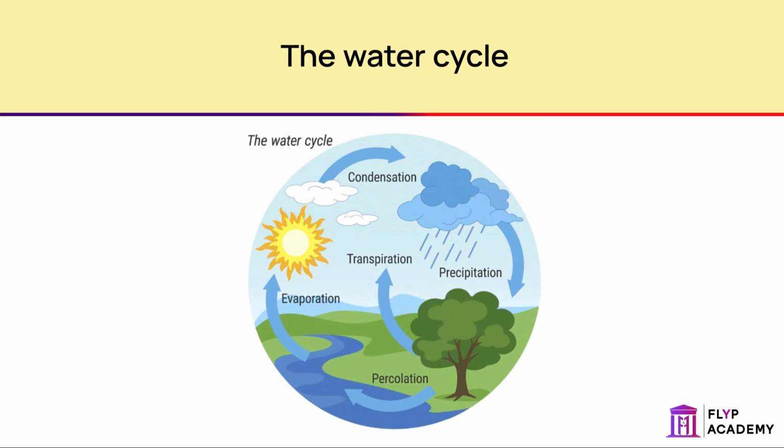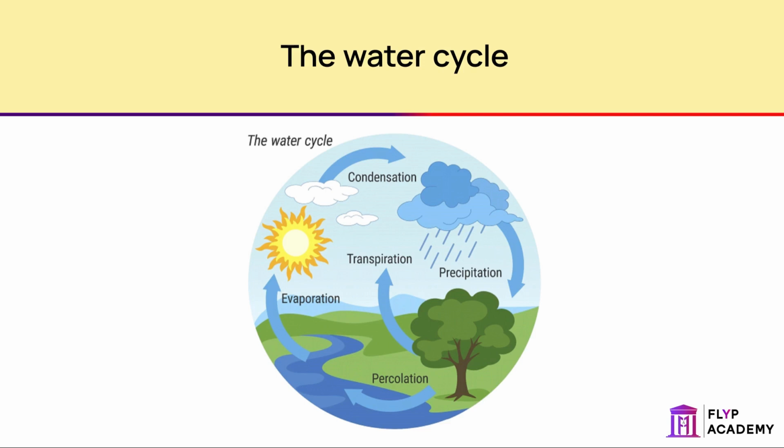Another material that is cycled through the environment is water. This occurs through the process of evaporation and precipitation. Water in the oceans and lakes is warmed by the sun until it evaporates. Once the water vapor cools, it condenses to form clouds.